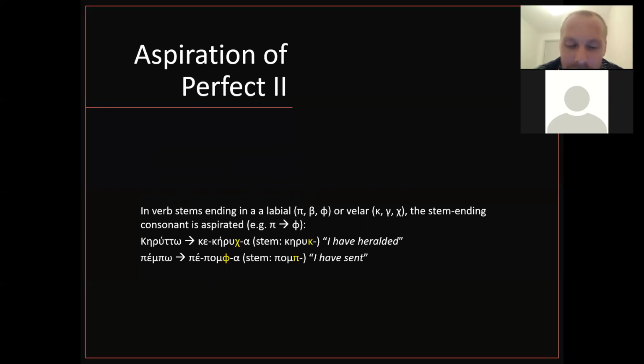Thus, for instance, the active perfect indicative of the verb kerysso, I herald, with the verb stem keryk, becomes kekeryxa, and pempo, I send, with the stem pomp, becomes pepompha. Okay.